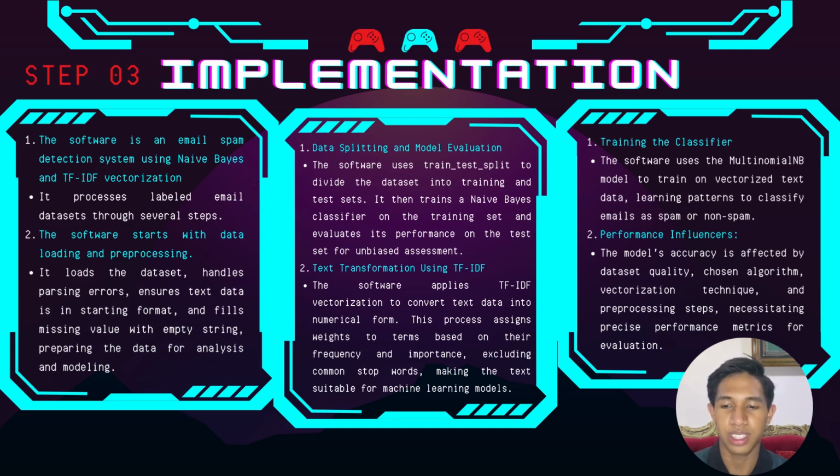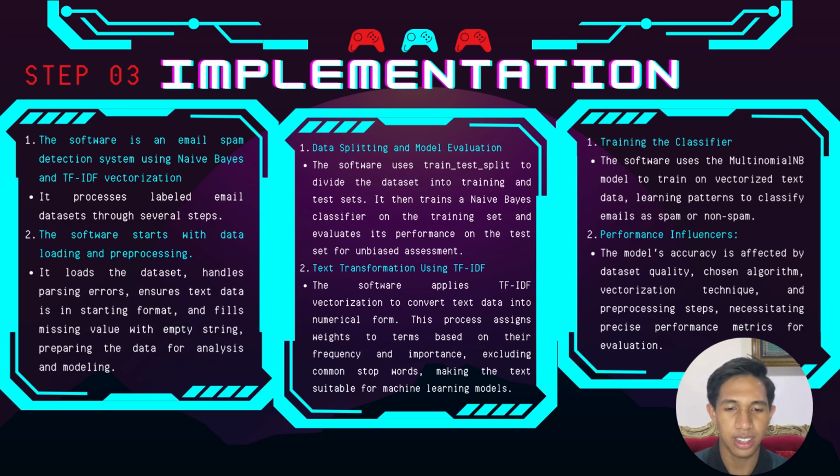This step involves learning patterns and correlations between the features and the corresponding labels, whether it's spam or non-spam. Last but not least, predictions and evaluations. The trained model is used to predict the labels for the test data using the predict method.